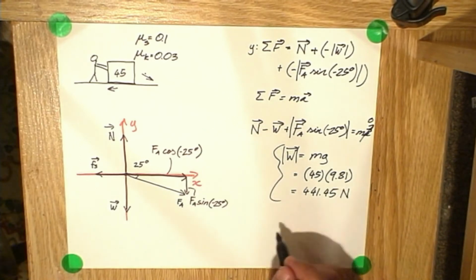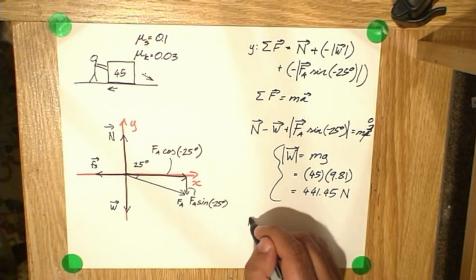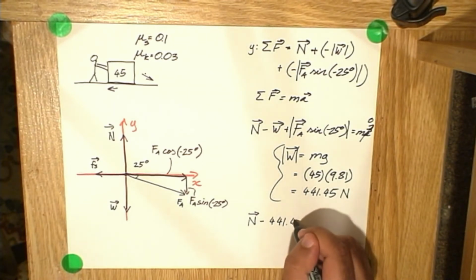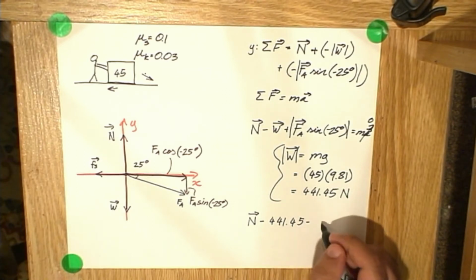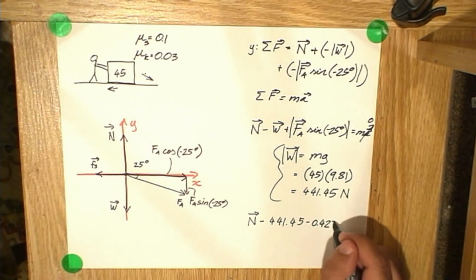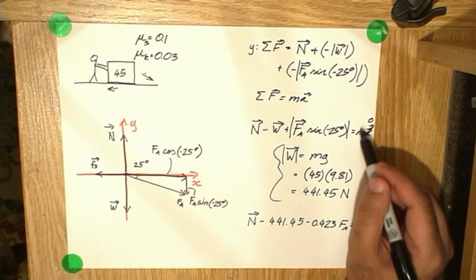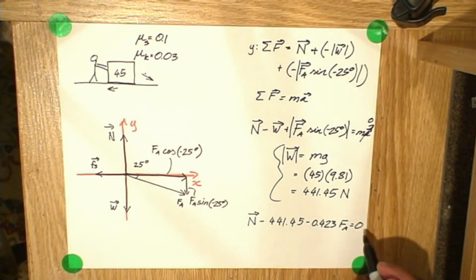So combining everything that we have here, we say the normal force minus the weight, which is 441.45, minus 0.423 when we round it appropriately times the applied force must all be equal to mass times acceleration, which we already said was 0.